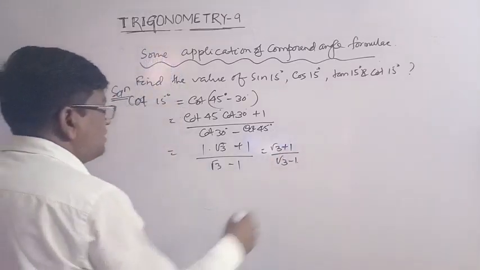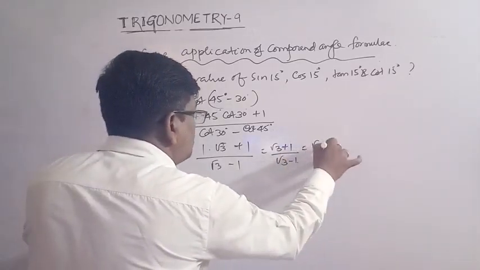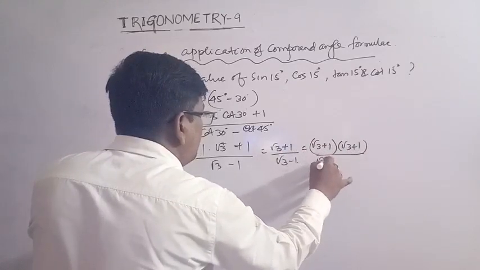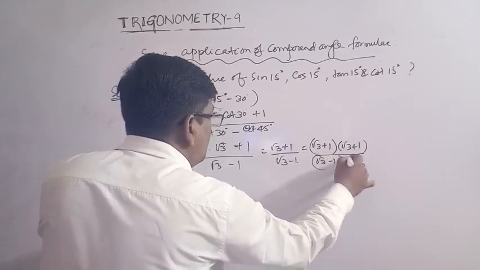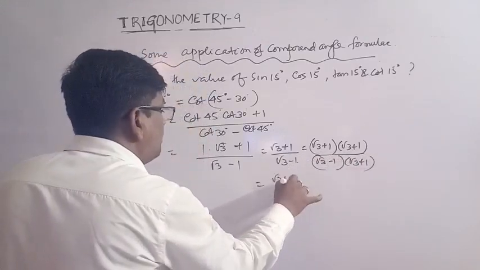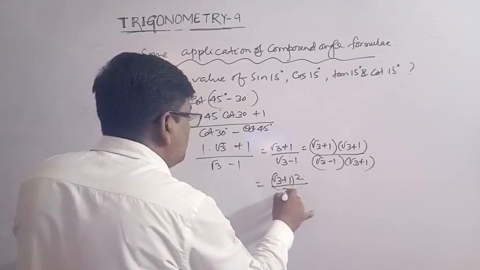Rationalize this. This is equal to (root 3 plus 1) into (root 3 plus 1) divided by (root 3 minus 1) into (root 3 plus 1). So this is (root 3 plus 1) whole square by (3 minus 1).